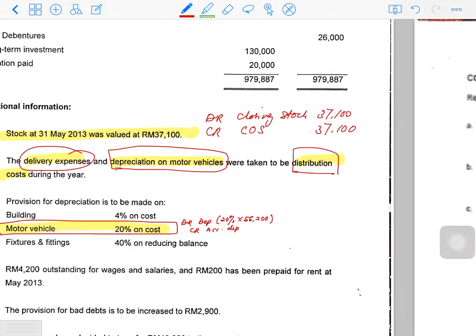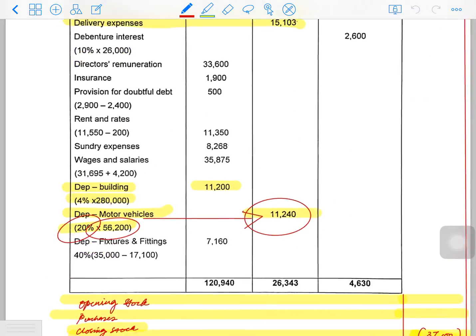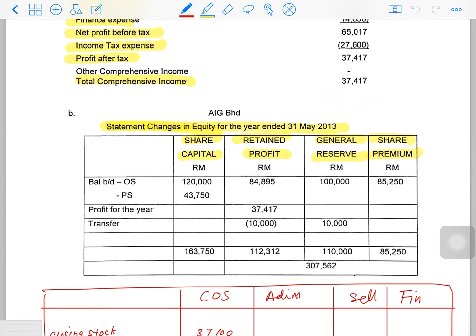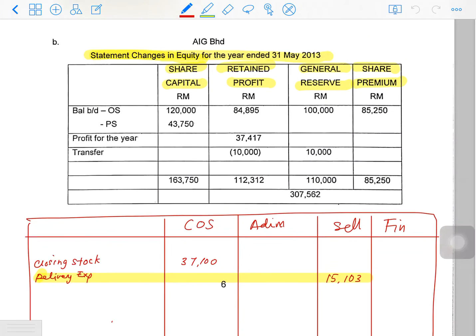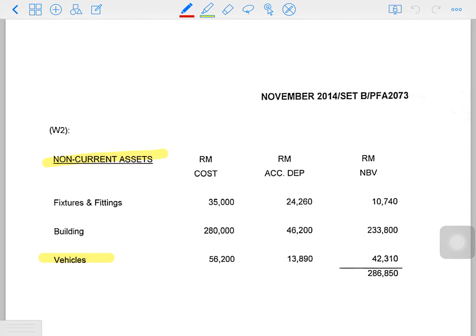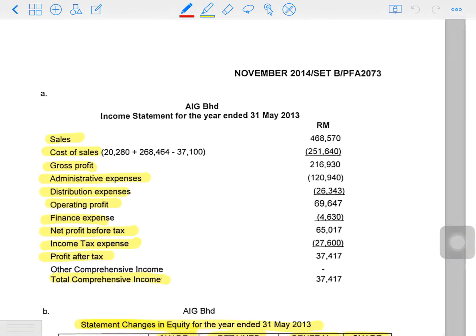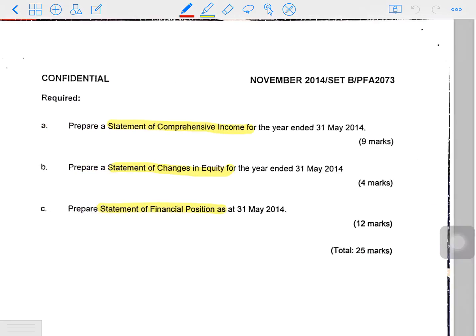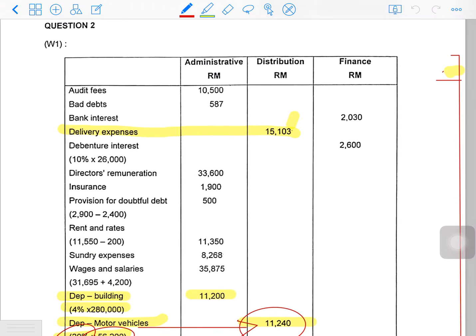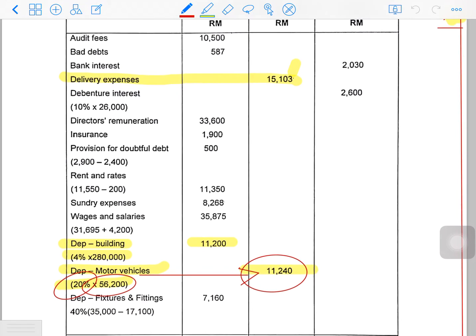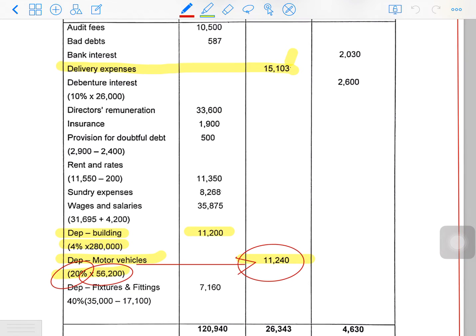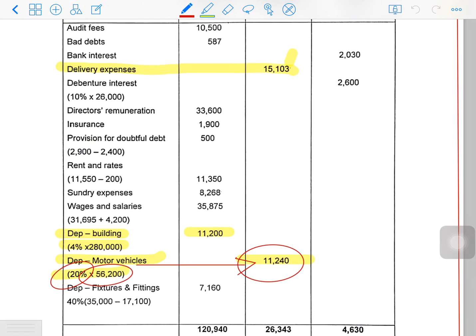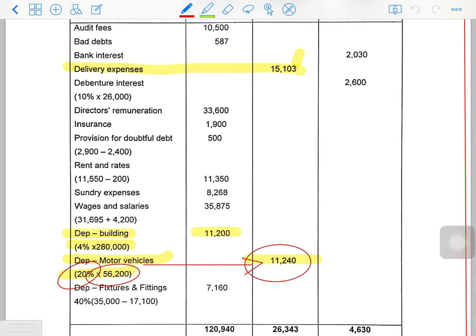If you take a look at the answer, it should give you 11,240, right? 11,240.